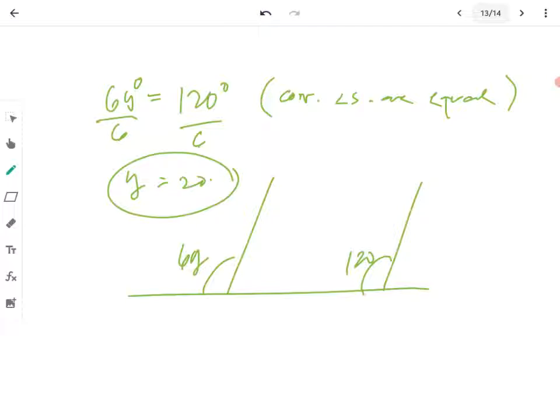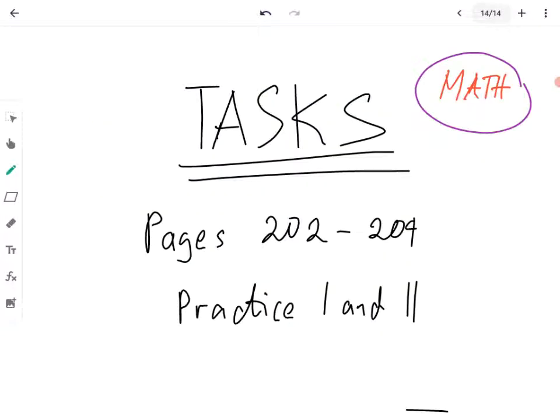So that's it. Those are some problems involving angles in a rectangle and angles in a parallelogram. Again, in mathematics, you combine small concepts to solve a bigger, complicated problem.